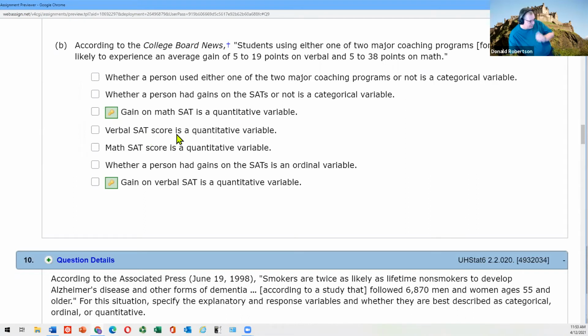Yeah. Verbal SAT score is a quantitative variable. Yes. Yeah, I thought it was. It is. You get 42 or 79 or whatever, you get a number.